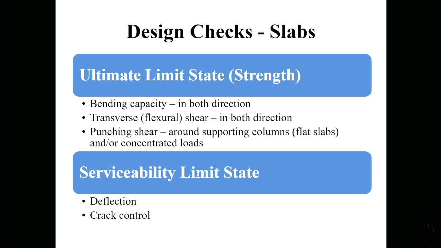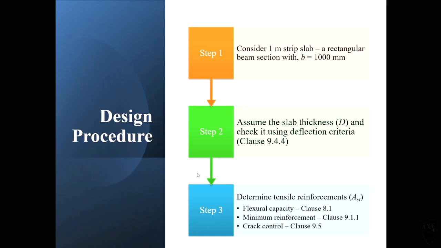But normally we don't do the flexural shear design in slabs, but as you are doing it the first time, it's better to do the calculation. But in the assignment, if you want, you can say that normally we don't need to provide any shear reinforcement. So we need to consider a 1 meter strip. I will explain that one in a minute.